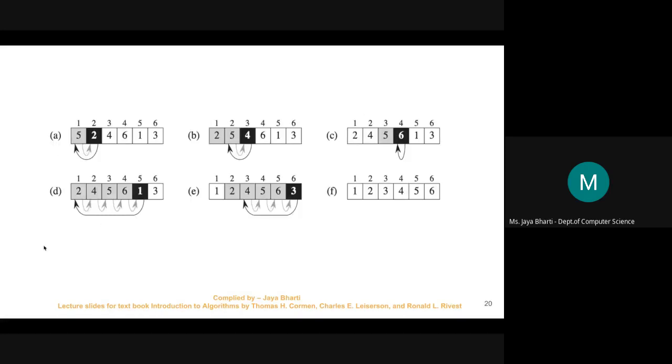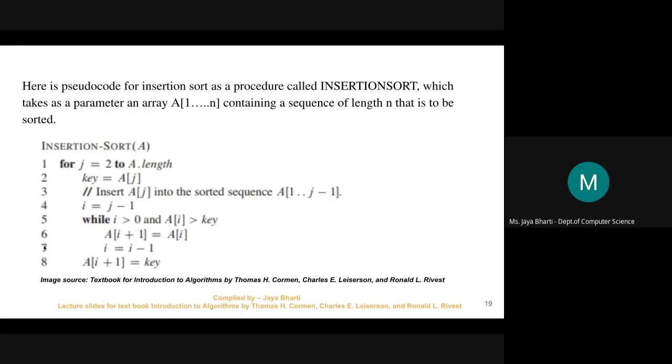So what is i? Now we need to run a while loop while i is greater than 0. Why are we doing this? It cannot be equal to 0. Why? Because j is already 2 and 2 minus 1 is 1, so i is 1.